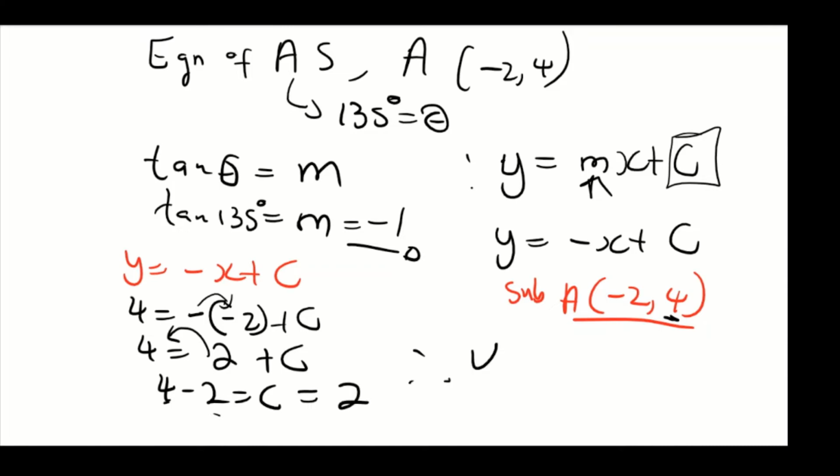So the equation of this tangent of AS is equal to minus x, because we got m as -1, and plus 2. So this is the equation of this tangent of AS.